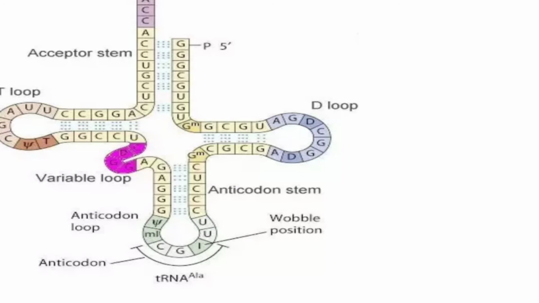There are 20 species of tRNA corresponding to 20 amino acids. They are called tRNA because they transfer amino acids from the cytoplasm to the protein synthesizing machine, the ribosomes. That is why they are called transfer RNA.